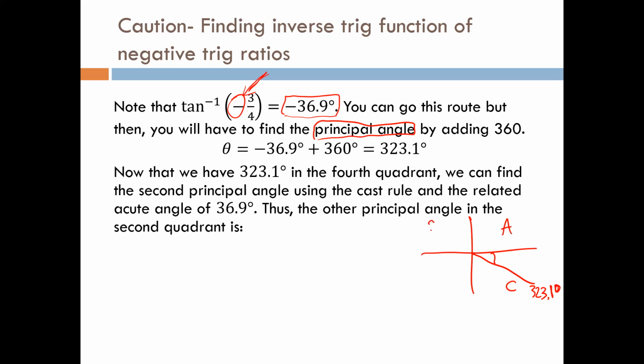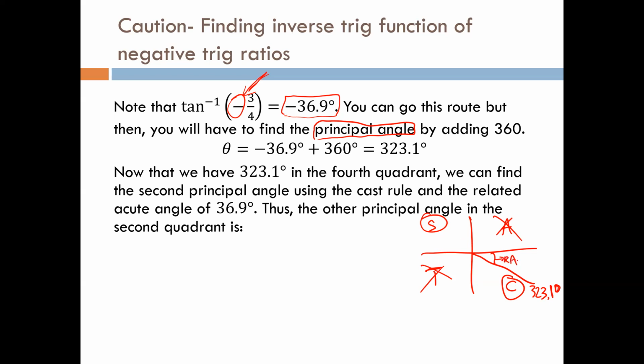Using your CAST rule, since you were finding the tangent ratio, which is negative in this quadrant, it's going to be in the other negative tangent ratio quadrant, the second quadrant. It's not going to be in the first or the third. Then you could figure out the related acute angle, which again feels like more work.